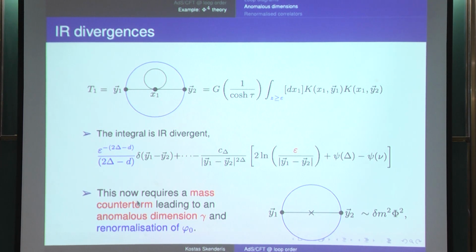Is it a function of the AdS distance between x1 and x2? Yes, it is a function of psi. No, no, no, it's not. The only thing that you need for that argument is that everything transforms covariantly under change of variables, and the regulator propagator is invariant under AdS isometries.